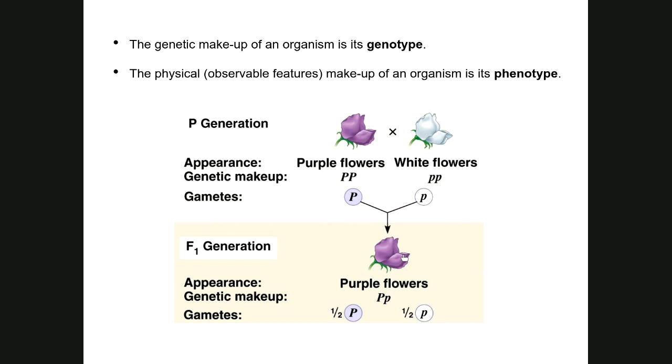Therefore, if there are any pea plant offspring that are heterozygous dominant for flower color, just inheriting that one dominant P allele is enough for those offspring to produce purple flowers.